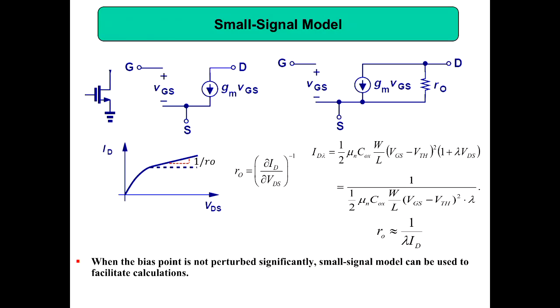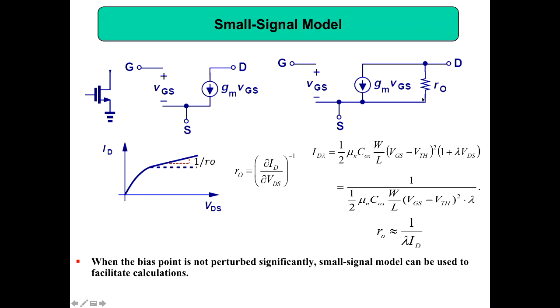When the bias point is not perturbed significantly, the small signal model can be used to facilitate calculation. We already discussed the large signal model and the small signal model. Large signal model means when you connect some input signal, if you are disturbing the VCE for the BJT, if that is fluctuating the DC bias conditions, then it is in the large signal model. Same concept in the case of MOS transistor.